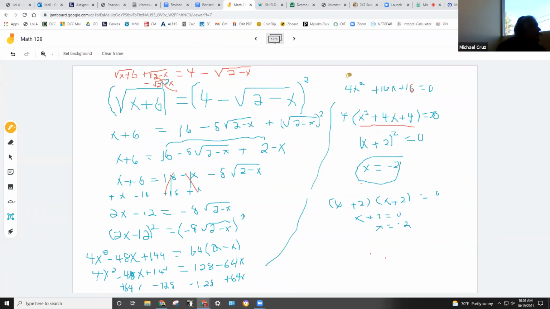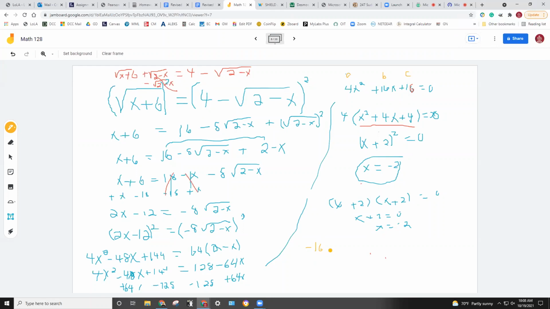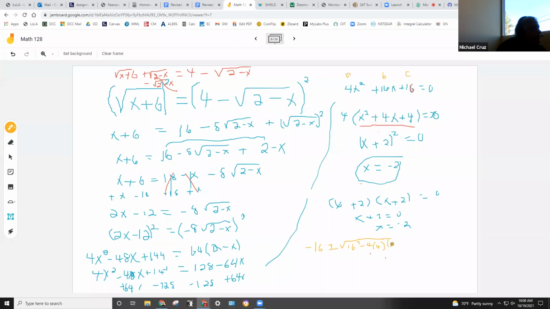See, that's A, B, and C. So we could go negative 16 plus or minus the square root of 16 squared minus 4 times 4 times 16. And you know what that's going to give us? Oh, and it's over 2a.